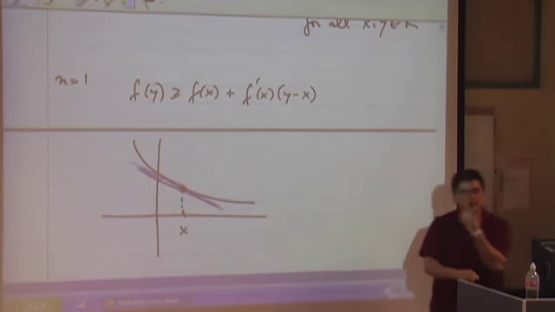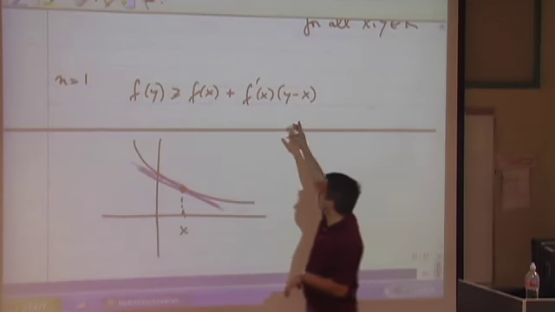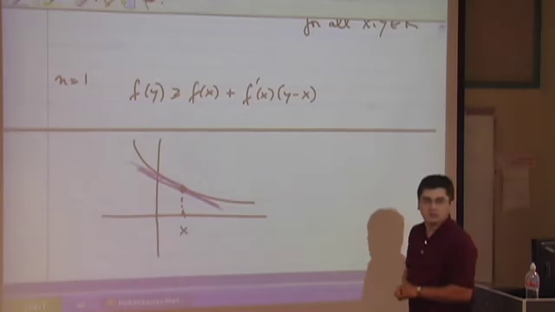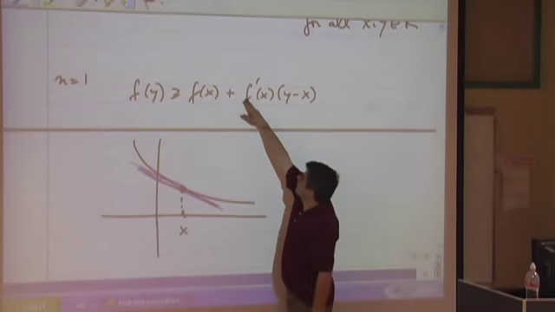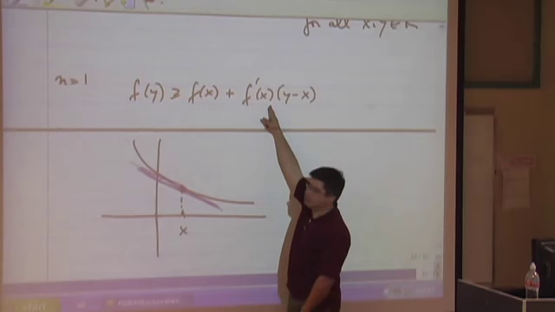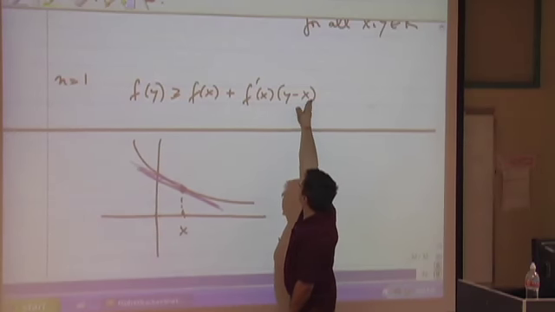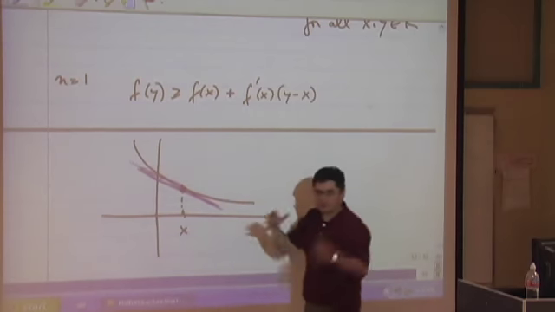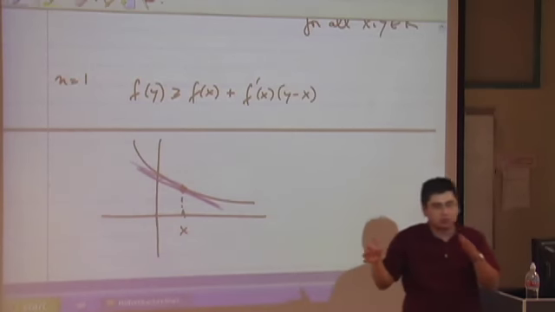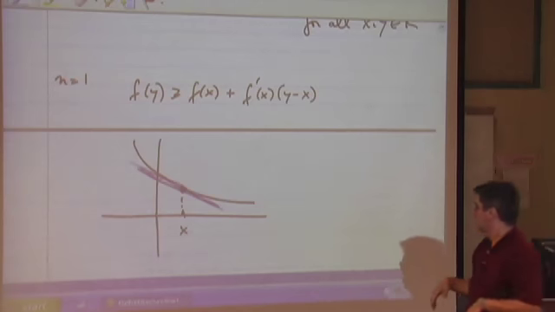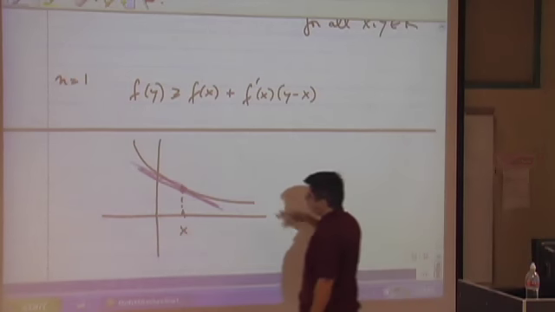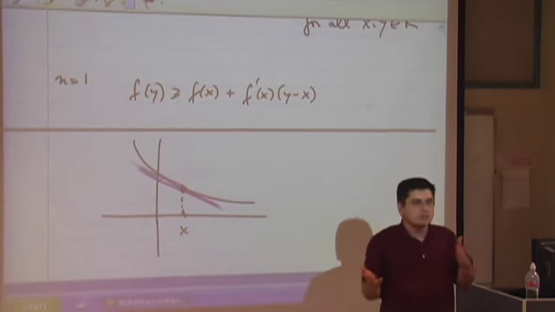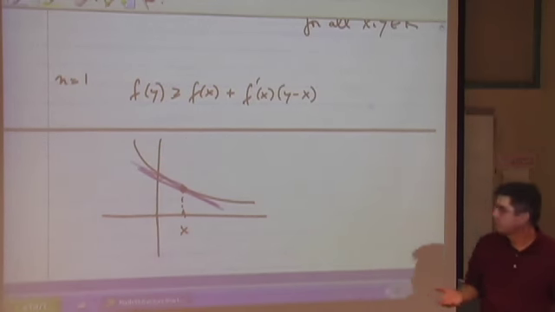You see the linearization of the function f centered at x, because f prime of x is the slope times y minus x. So f of x plus this is just the linear approximation, the equation of the tangent line at that point.